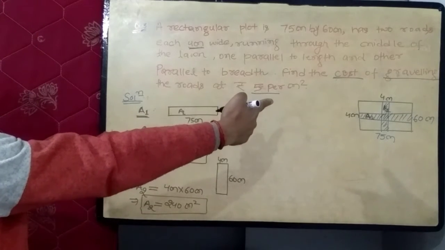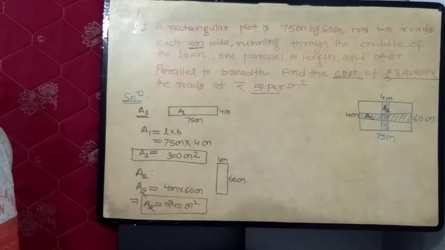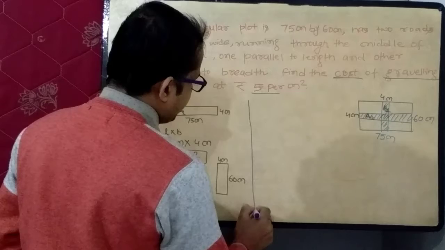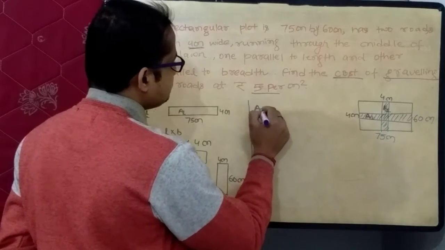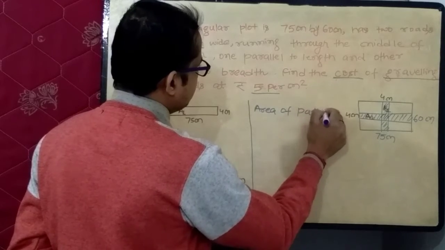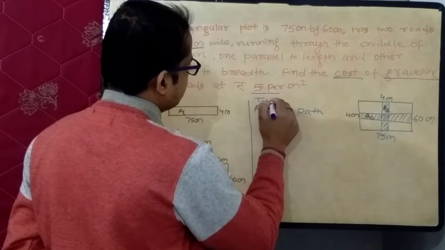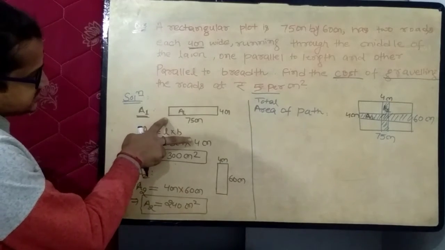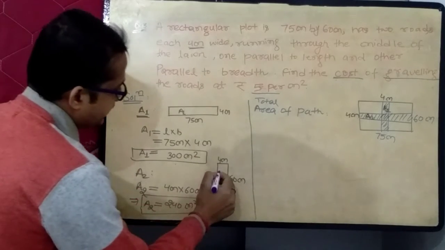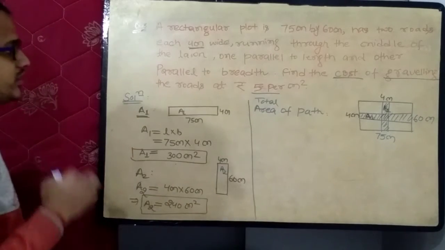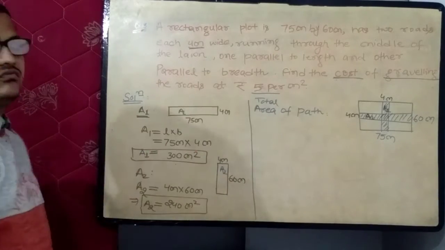Now, what will be the area of this total path? That means shown over here in hatched portion. In order to calculate total area of path, if you add this A1 and this A2, then you can find out area of road.